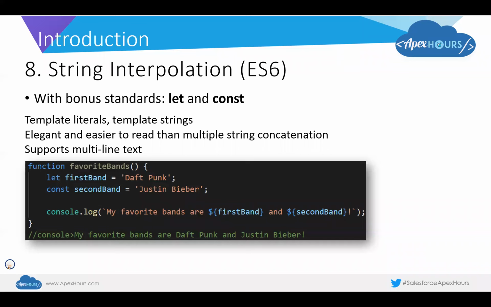So string interpolation lets you build the string and pull in variables into their spot, as opposed to variables being the primary and trying to concatenate bits of string together. So you can see here we've got variables first band and second band set up.